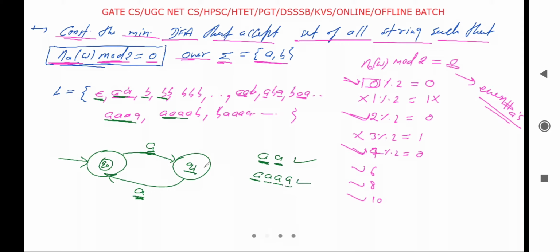Now, on q naught there is a transition for a, but there is no transition for b, which means there will be a dead configuration. So can I take the loop of b here? Let's check. A loop of b means it will accept a single b.